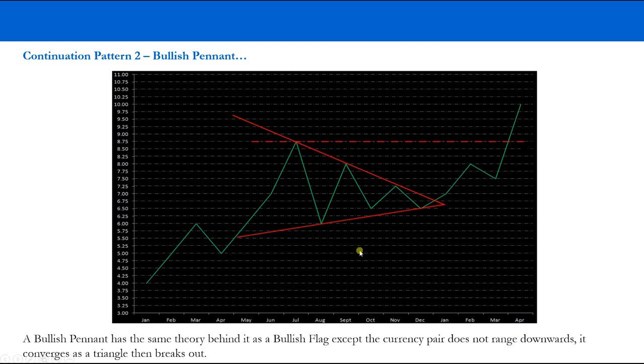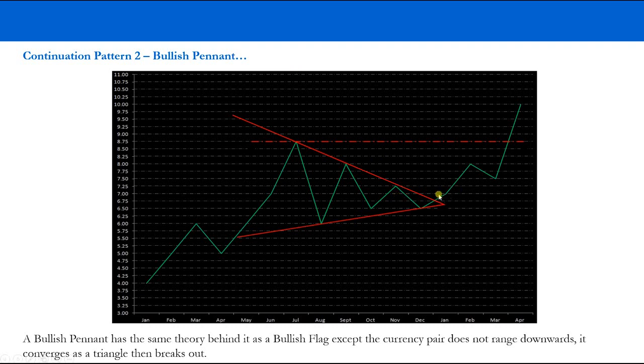So we treat it in exactly the same way in terms of having our fundamental predisposition and confirming or denying bullish or bearish fundamental views as the bullish flag. We treat it in exactly the same way, except when we see these patterns, we know that it's a slightly different setup. So we term this as a pennant rather than a flag.